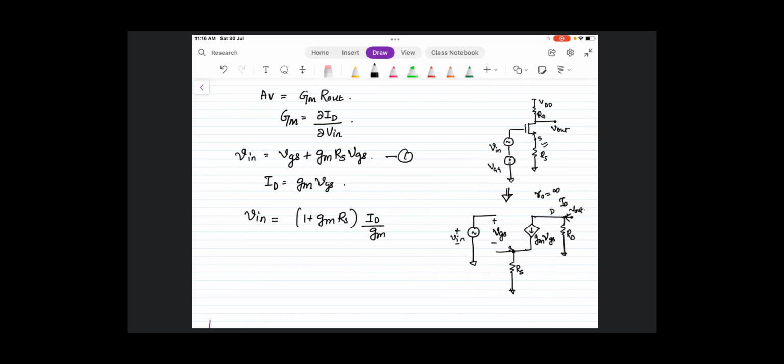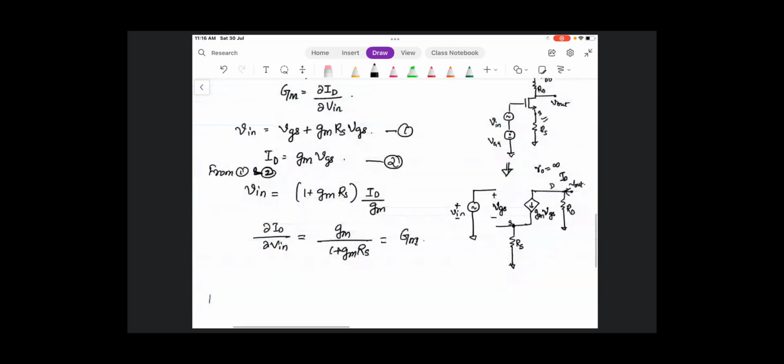From 1 and 2 you can infer that Vin equals 1 plus gm times RS into ID by gm, and therefore delta ID by delta Vin will be nothing but gm by 1 plus gm RS. So you see that the presence of a source resistor basically degenerates the device, that is, it decreases the value of the Gm, that is, decreases the value of the gain. Voltage gain is decreasing, right?